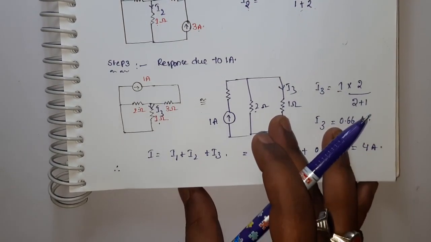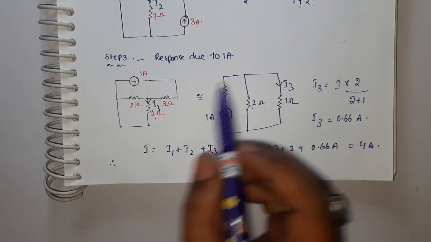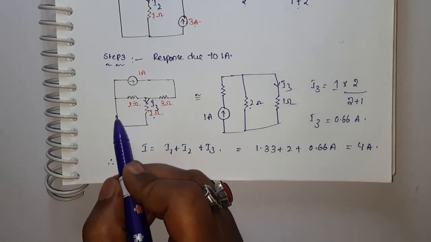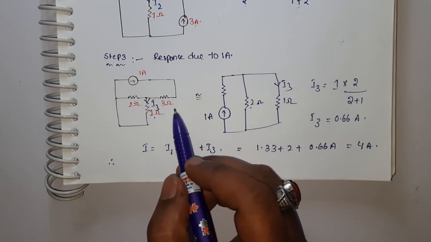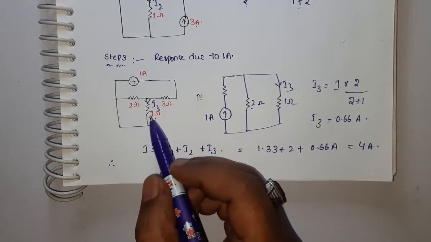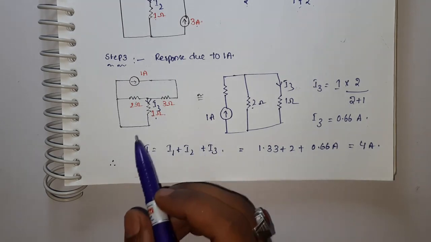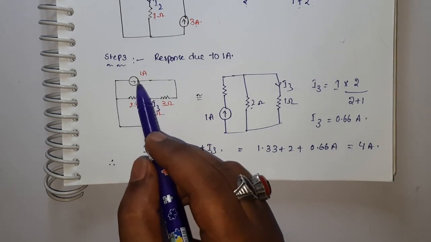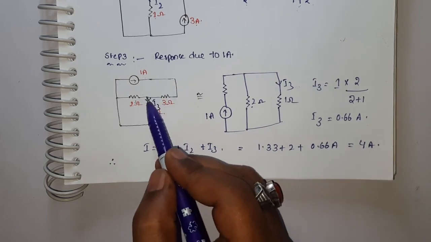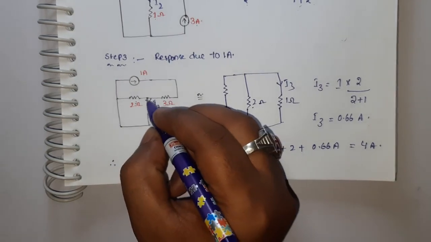Now let us move to step 3, response due to the 1 ampere current source. To find the response, we must short the 4 volt voltage source, and we must open the 3 ampere current source. When we do that, the circuit will become this one, and if we observe, this 3 ohm resistor is in series with the 1 ampere source, and these two are in parallel. These two are connected at the same node, no?